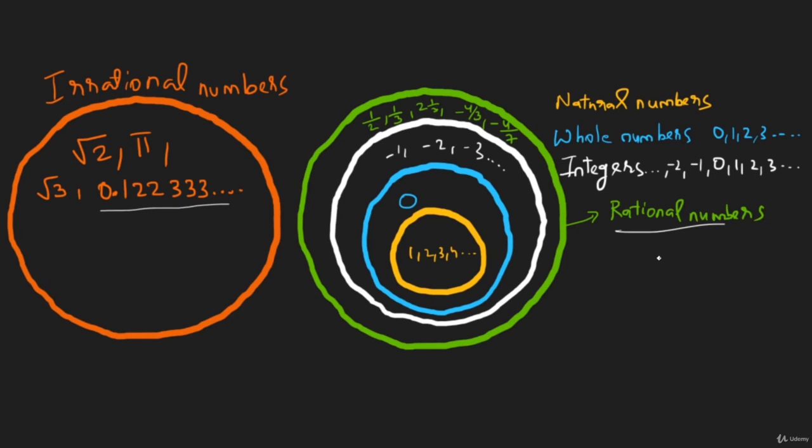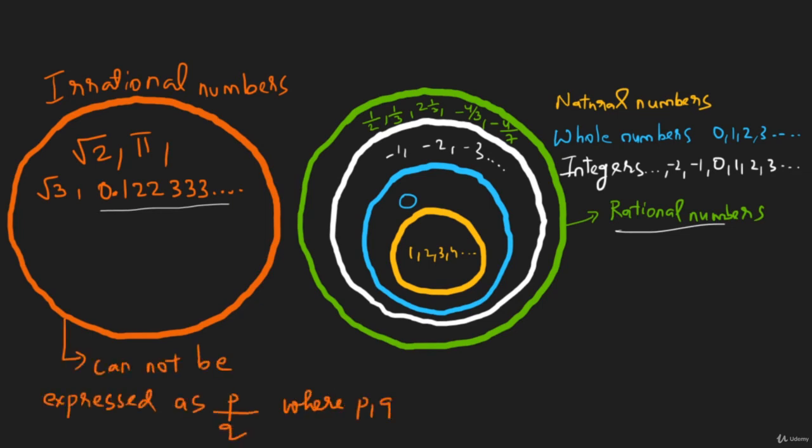Now remember, irrational numbers are numbers which cannot be expressed in the form p by q, where p and q are integers and q is not equal to 0. Now irrational numbers and rational numbers together are called real numbers.